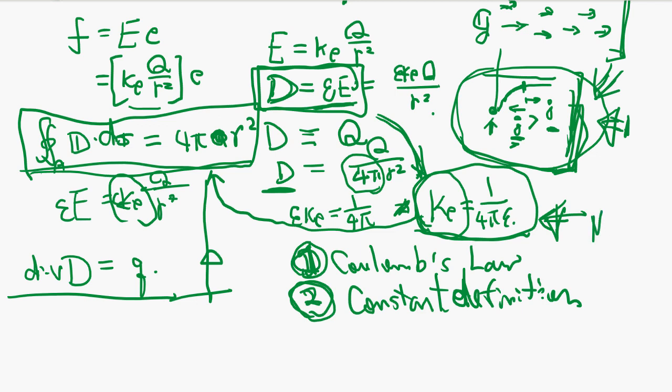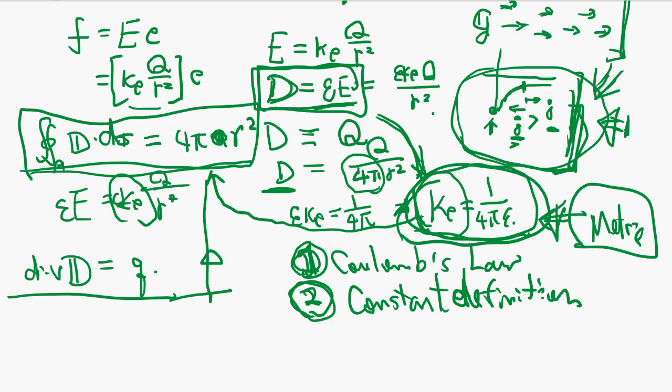But in a metric system, if we define the constant this way, Coulomb's constant this way, then it becomes nicely D, the electric flux, is defined just like Gauss law works. This is important. You have to notice, right?